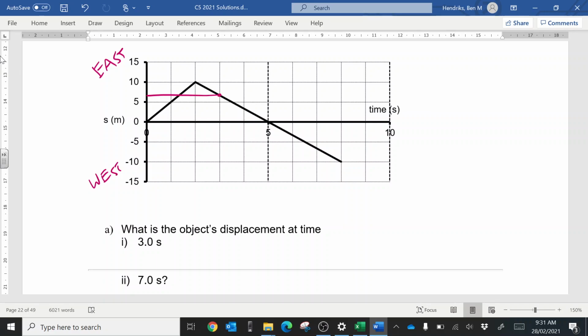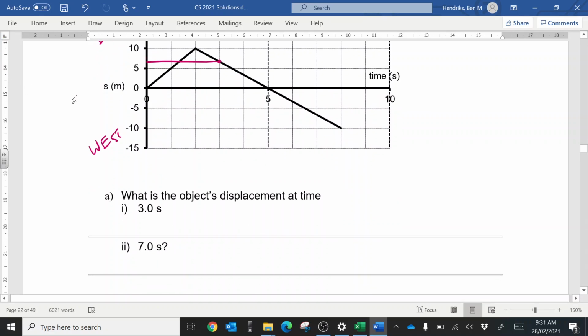It's a bit easier on pen and paper, and I estimate that to be around 7. If you're in a test and you said it was 6, then it's pretty close, so I probably wouldn't mark you down for that. But we'll say 7 meters, and that's east because it's positive.